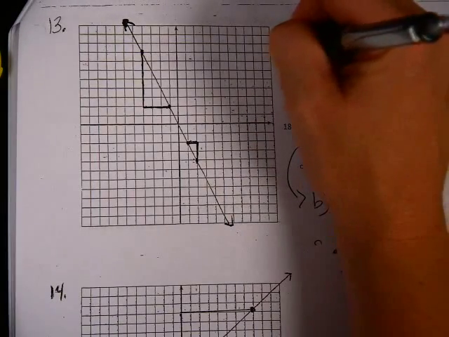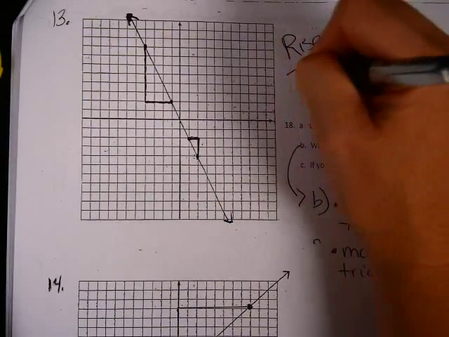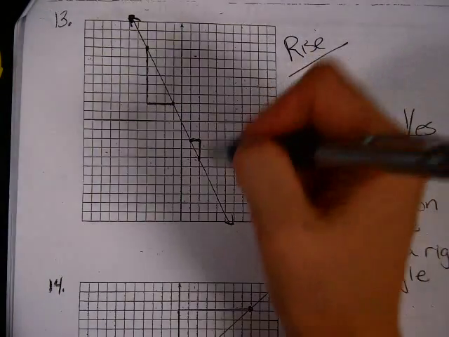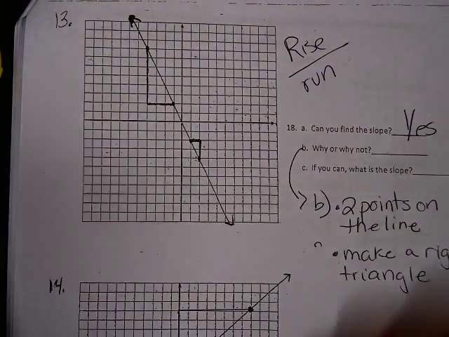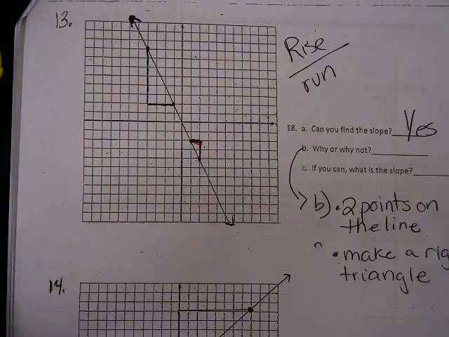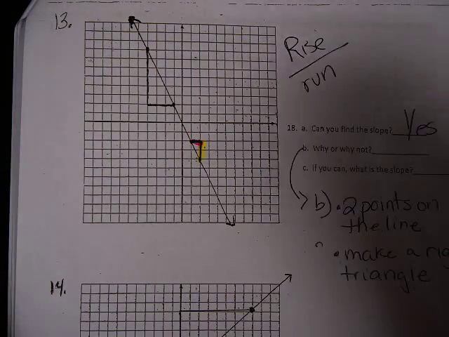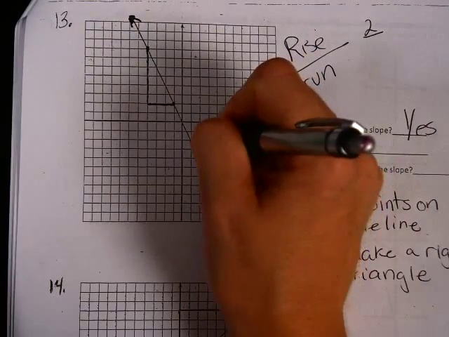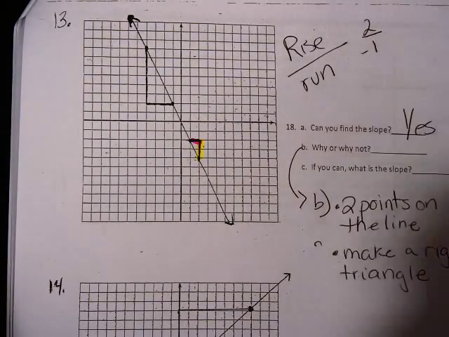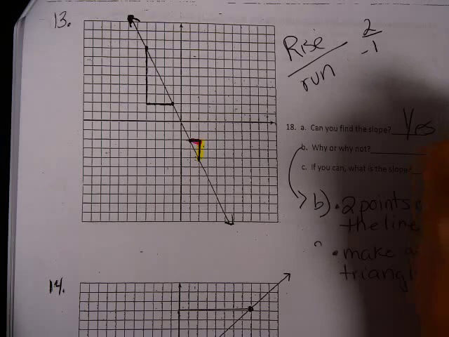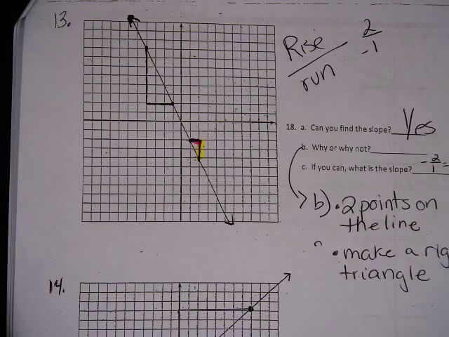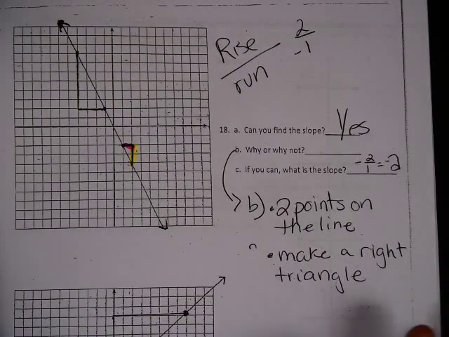So it is still rise over run. I rose 2, and I ran negatively 1. So my slope is negative 2 over 1, or negative 2.